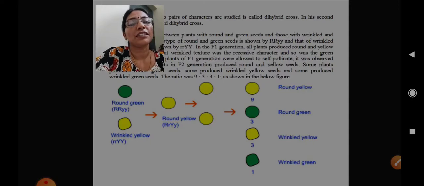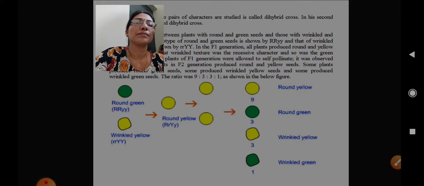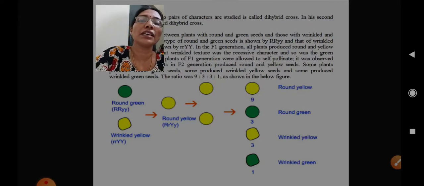Round green seeds are crossed with wrinkled yellow seeds. In the first generation, only round yellow seeds can be seen. The recessive character is also there along with the dominant character, but one cannot see green colored or wrinkled seeds because they are recessive in nature.